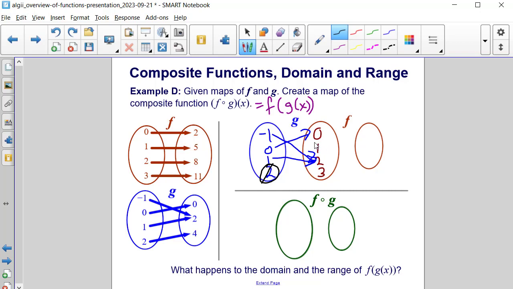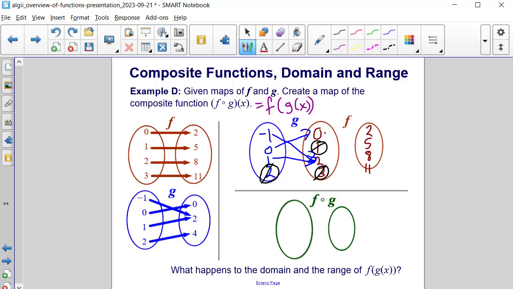Similarly, since 1 was not mapped to in the outputs of g or the inputs of f, we can cross it out. And similarly with 3, for the inputs of f, we can cross them out. And now let's finish the mapping from f. The mappings of f go from the 0, 1, 2, 3 to 2, 5, 8, and 11.